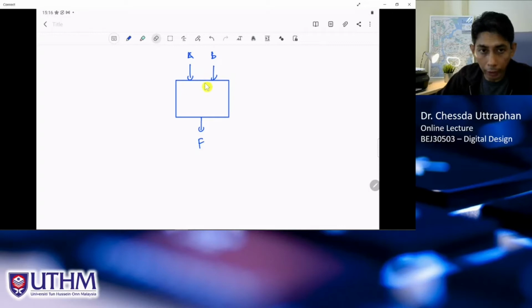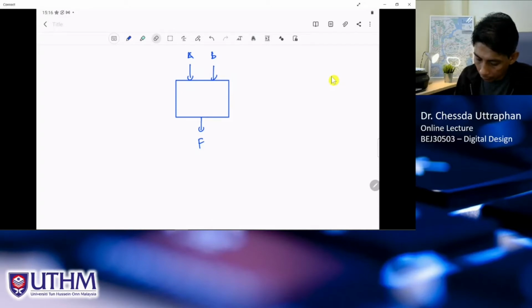So whenever one of the inputs or both change, this will immediately affect F, and F immediately changes. For example, if we have an OR gate, right? If one of the inputs changes, at the output we immediately have the output change the value.